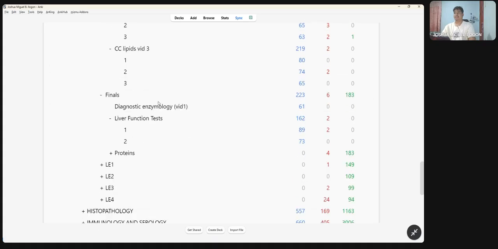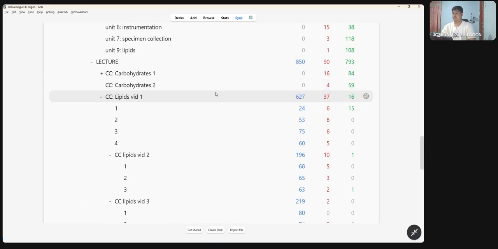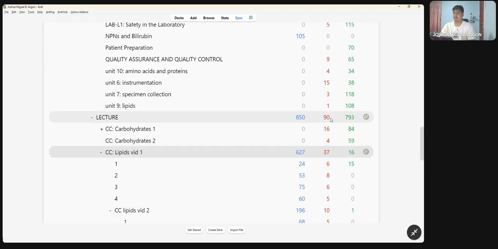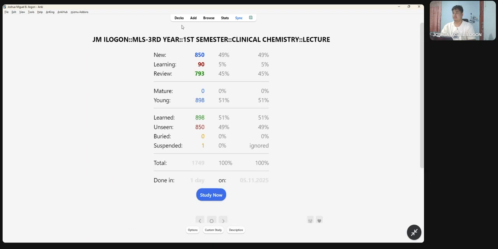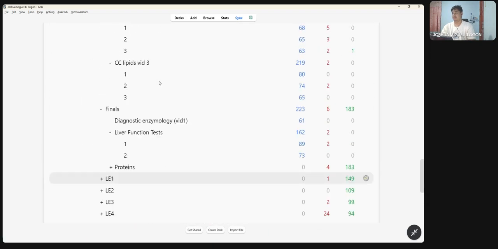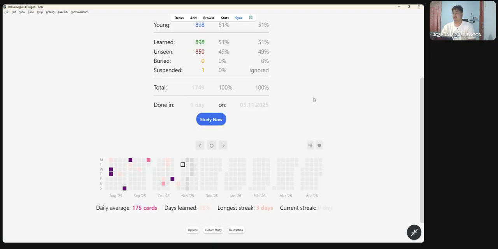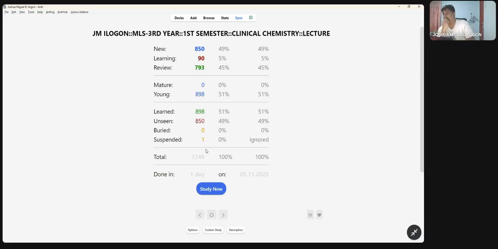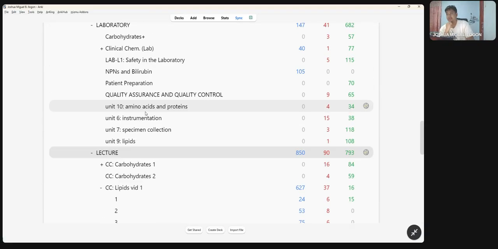So right now I have to finish enzymology. Liver. Oh god. How many? I have a lot. What's the total, bro? Total is 1749.